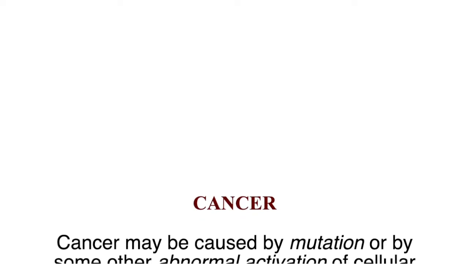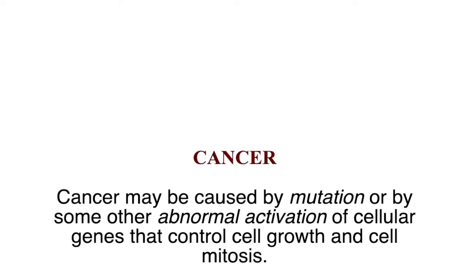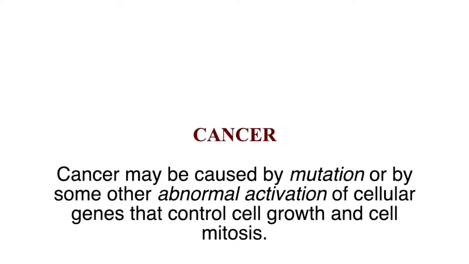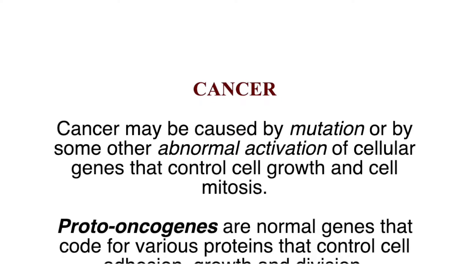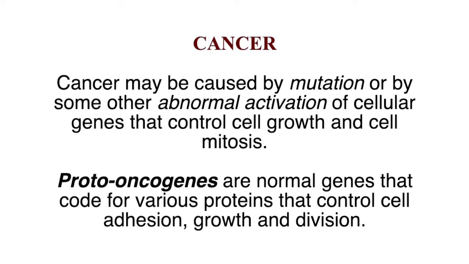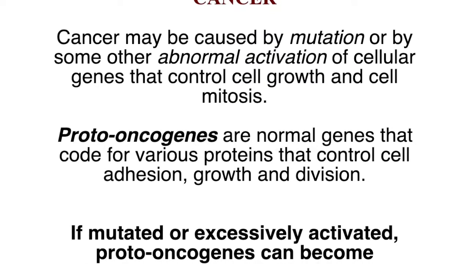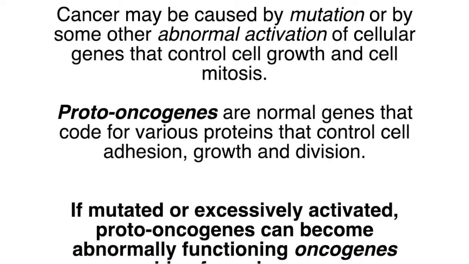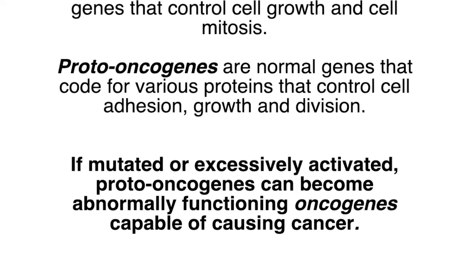Cancer. Cancer may be caused by mutation or by some other abnormal activation of cellular genes that control cell growth and cell mitosis. Proto-oncogenes are normal genes that code for various proteins that control cell adhesion, growth, and division. If mutated or excessively activated, proto-oncogenes can become abnormally functioning oncogenes capable of causing cancer.